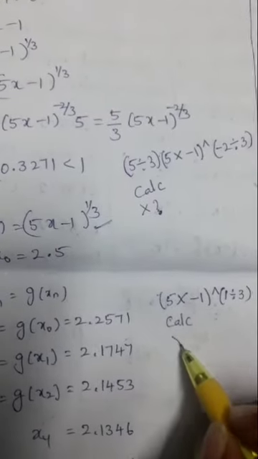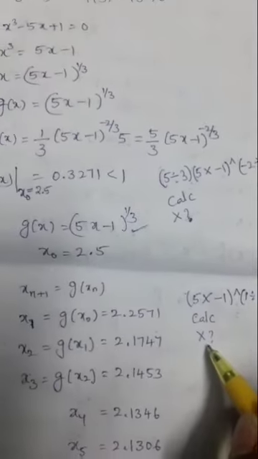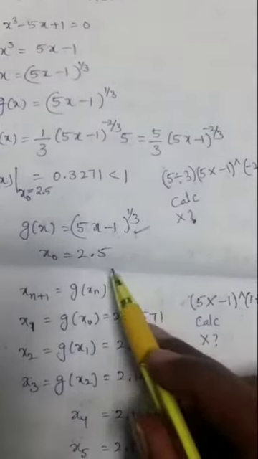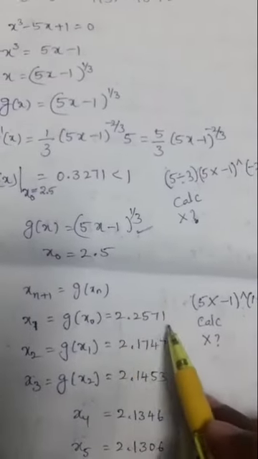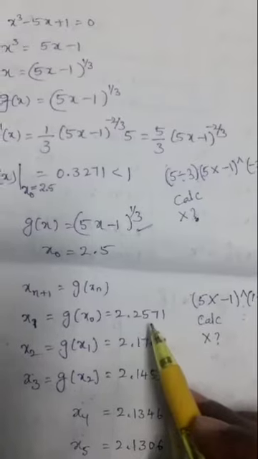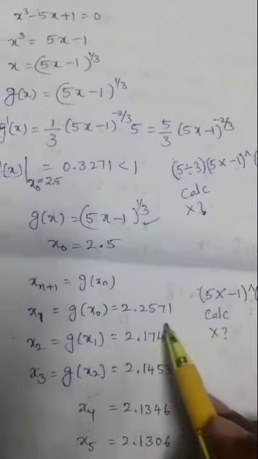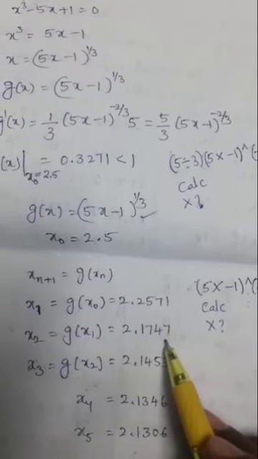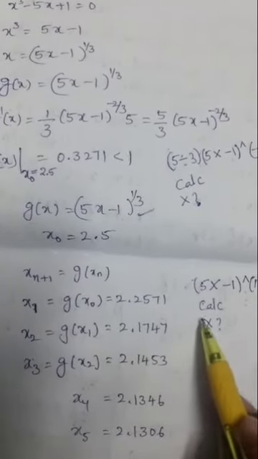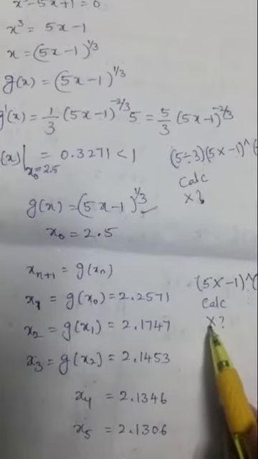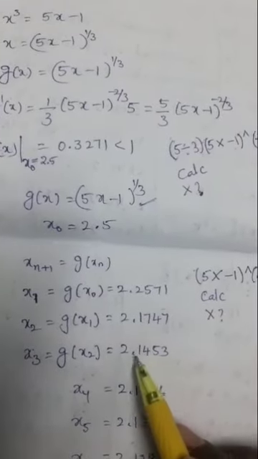It asks for x question mark. If I give the value of x as 2.5, it gives x1 as 2.2571. And again calc, if I give the value of x as 2.2571, it gives 2.1747. Again I will press calc. It asks x. I will give 2.1453.